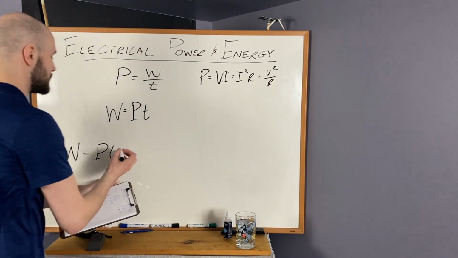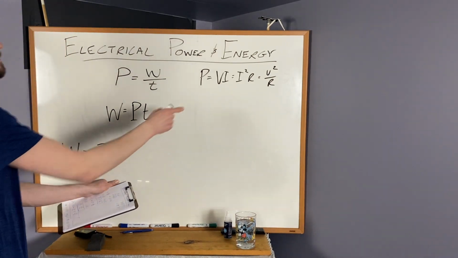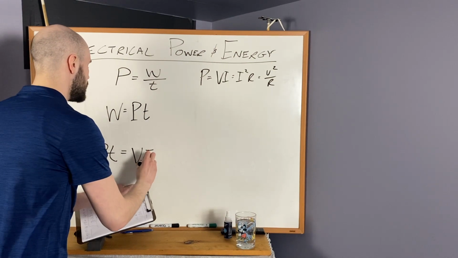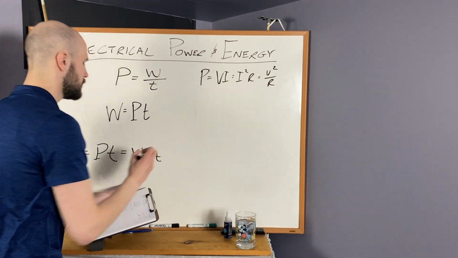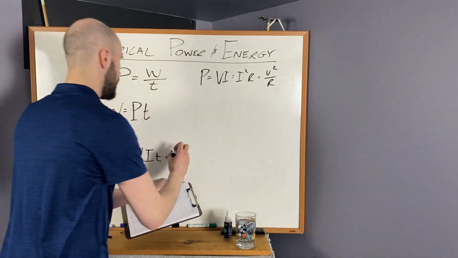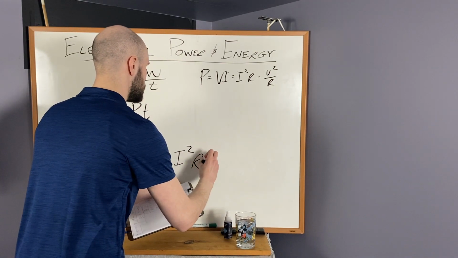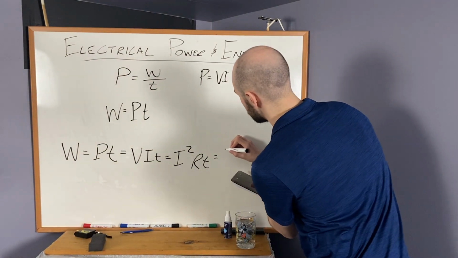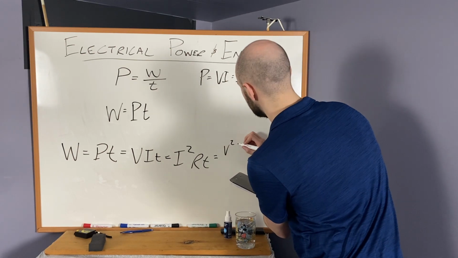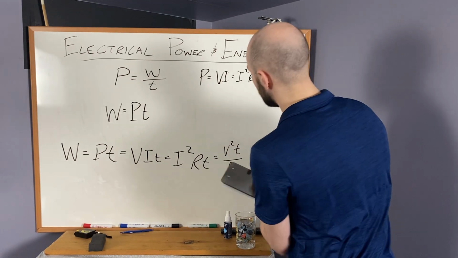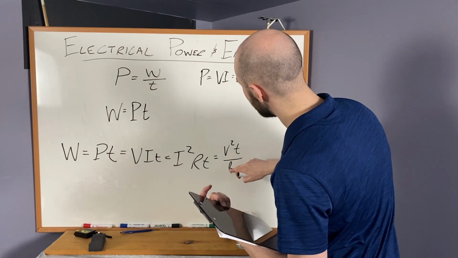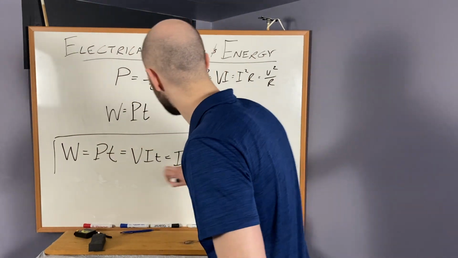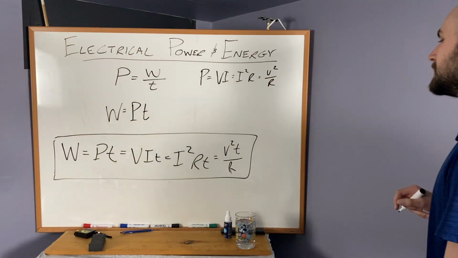You knew that already from when we were doing mechanics. But now we have all these electrical expressions for power, so we can plug them right in. VI multiplied by T. Or I squared R multiplied by T. Or V squared T over R. By taking any one of those expressions and multiplying it by how much time that circuit element was on, we know the amount of energy that that circuit element used.